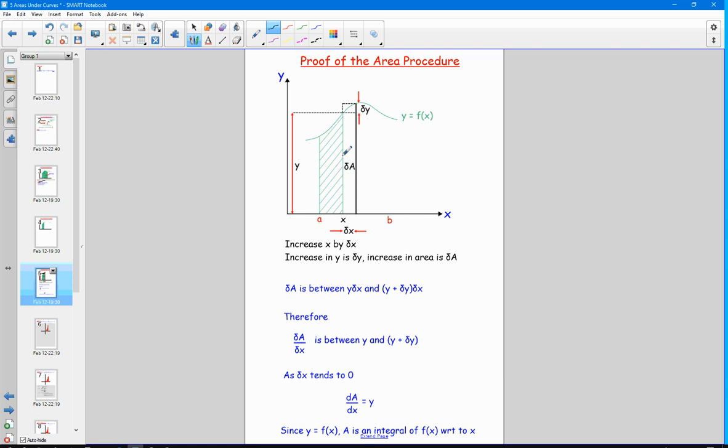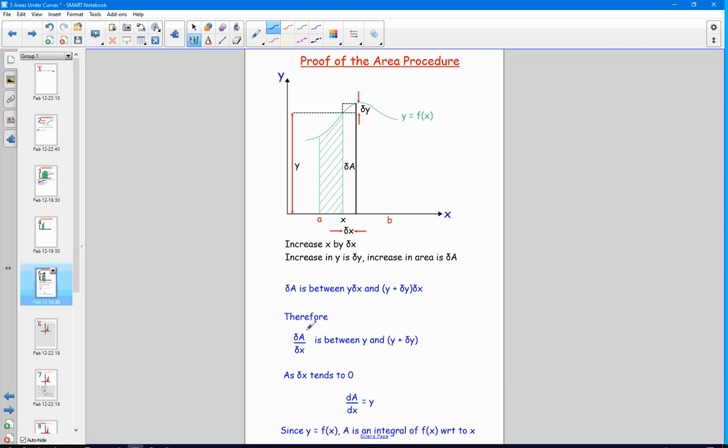So this increase in the area lies somewhere between delta x times y, this smaller rectangle, and this slightly larger one, which has a height of y plus delta y and a width of delta x.